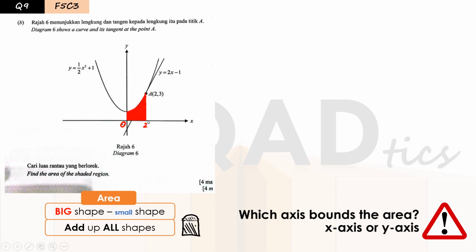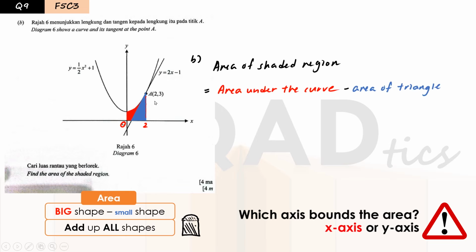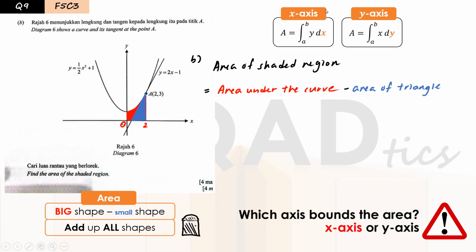Okay, which means this area here is bounded by the x-axis. Alright, so here between the x-axis and the y-axis, we are going to use the x-axis way. Okay, because it is bounded by the x-axis.